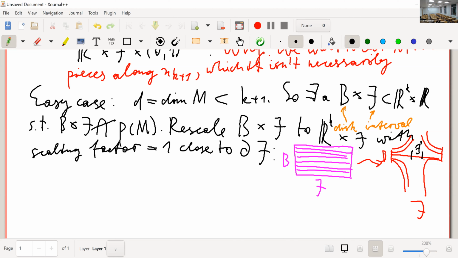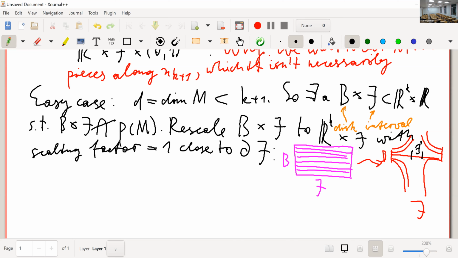Well, this means we take some open ball B prime inside B, and when we are over the middle of J, we expand this ball over the whole of R^k.